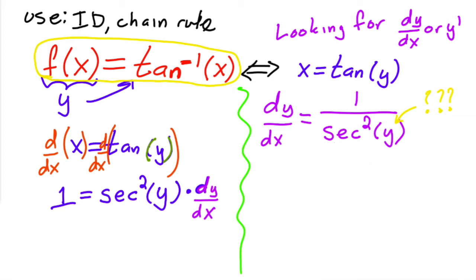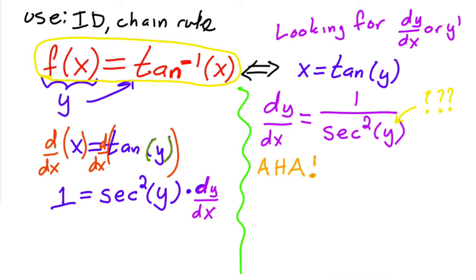There's a couple of ways you can go about it. Notice that you can write tangent of y in terms of x. So if you can turn secant into tangent somehow, you can write it in terms of x. So you go, aha.